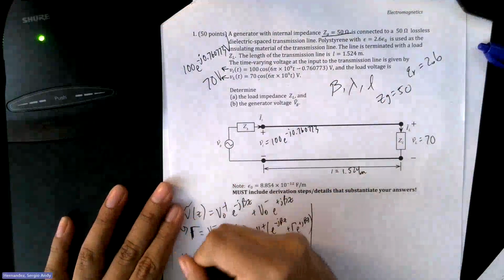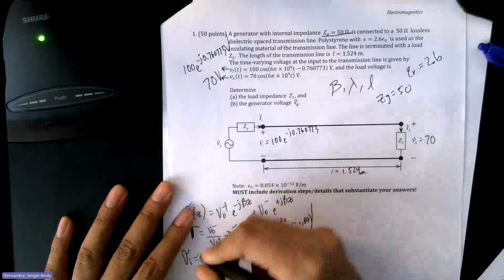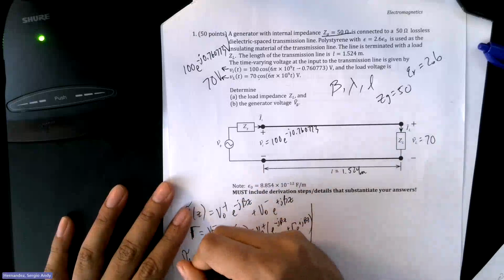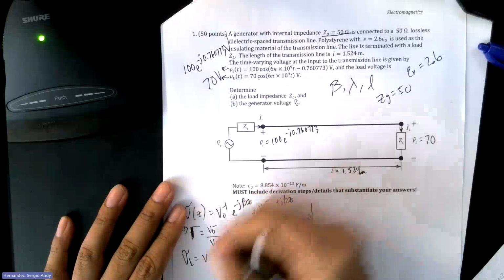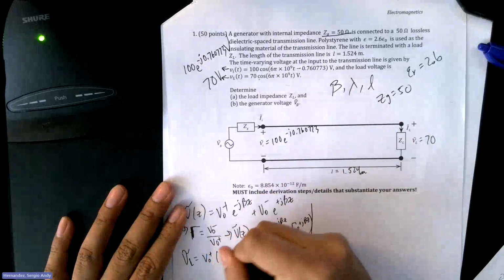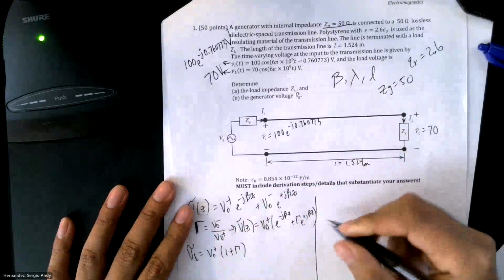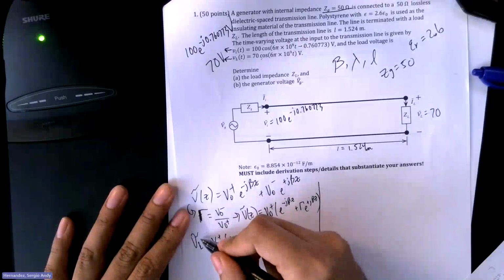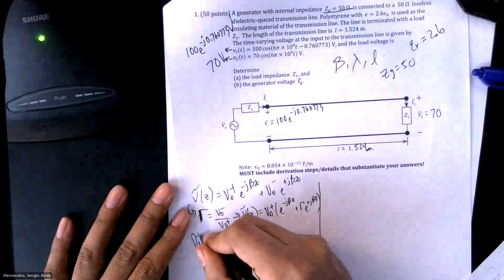So your VL equals V naught plus times 1 plus gamma. So you have this.